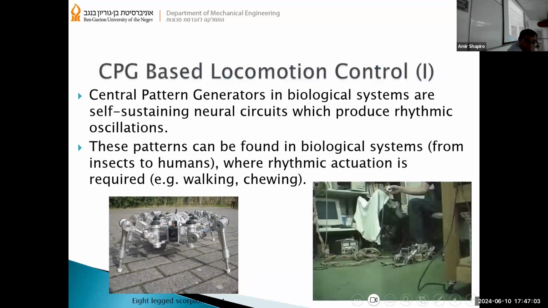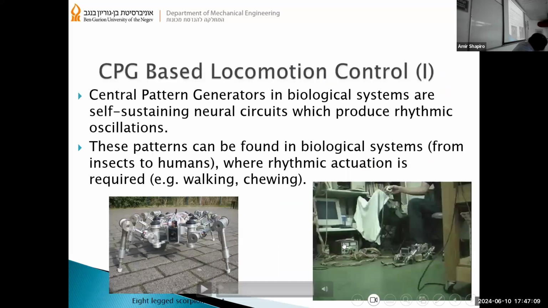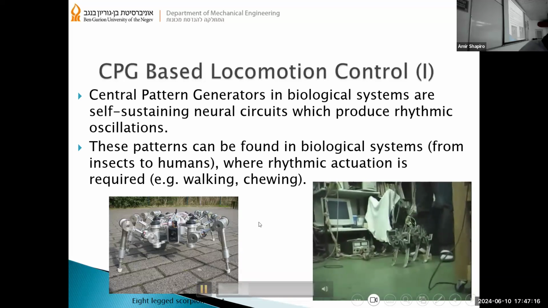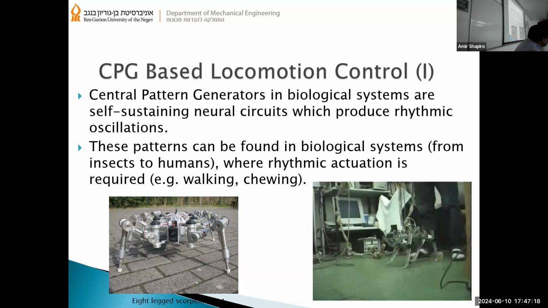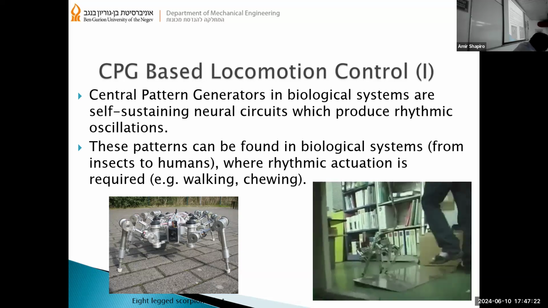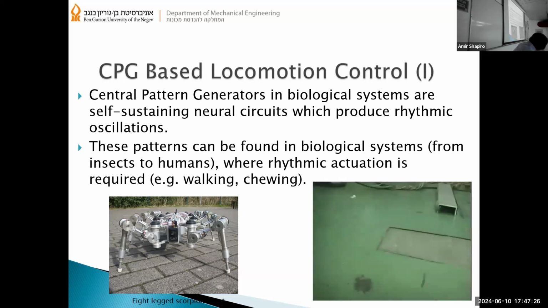Here are some examples of walking in a predefined gait, but with changing some parameters like the phase in order to overcome obstacles.